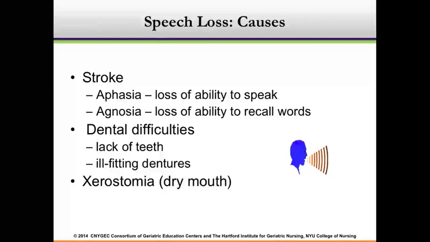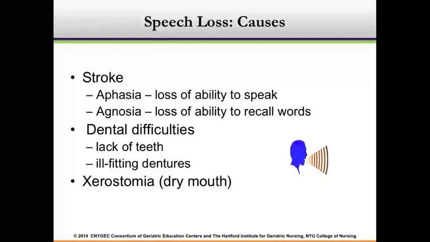And then there's something that we often also forget, don't think about, is xerostomia, which means dry mouth. And a lot of the medications that older adults take, particularly for heart conditions, have the side effect of dry mouth. And if you've ever had dry mouth, if you speak a lot, you will understand that your tongue sticks to your teeth and your mouth just doesn't work as smoothly.